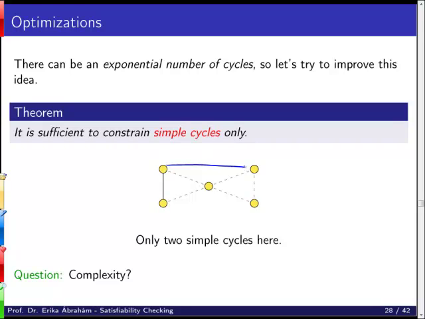So even if I make it fully connected, I get n squared. It is still polynomial, even in the worst case. But finding cycles is, so for example, you can do a search for shortest paths.